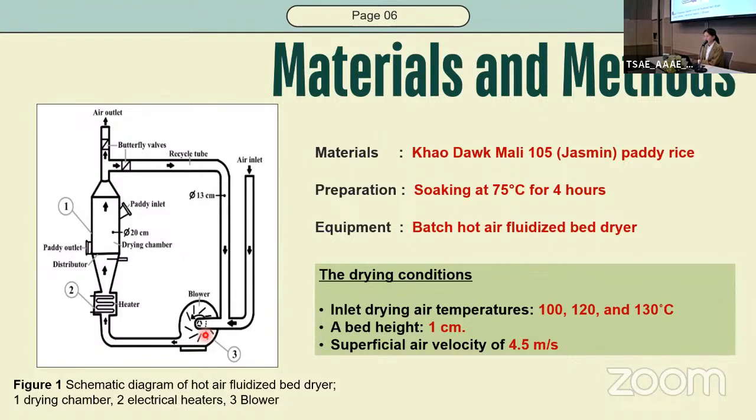And for determining the drying kinetics, the weight will be measured and its patterns recorded within the time. And the temperature of the grain was measured by the infrared thermometer. And the next step is measuring the quality of rice.